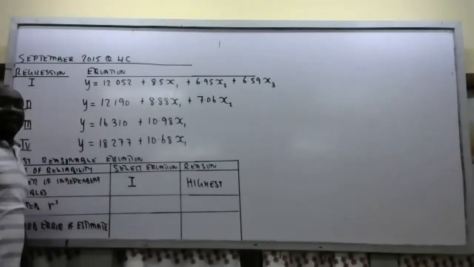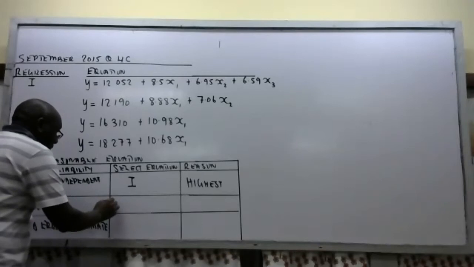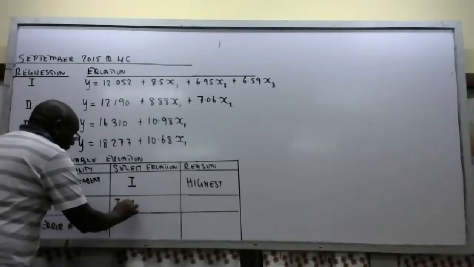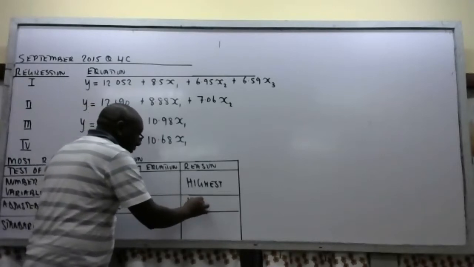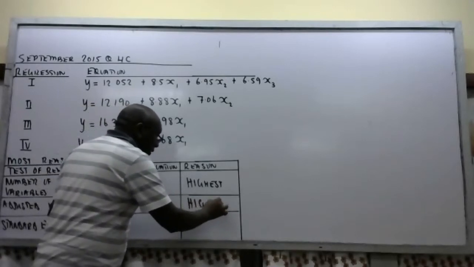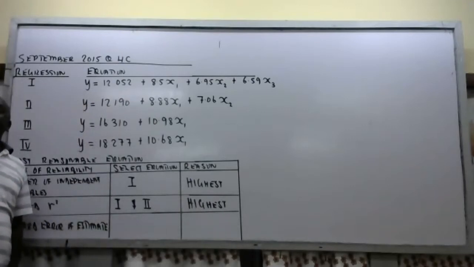We go for the highest or the lowest? The highest. So the highest is equation 1 and equation 2. See there? The highest.